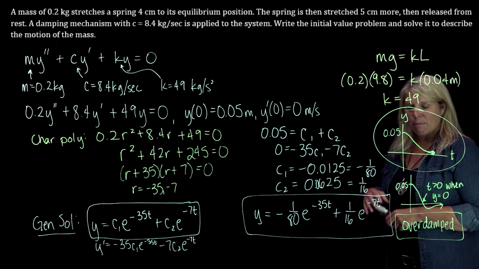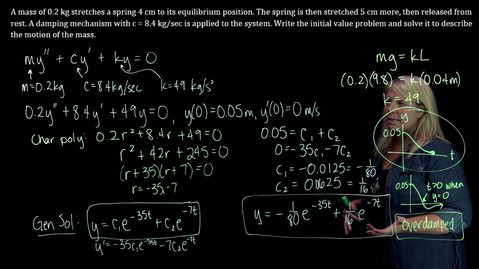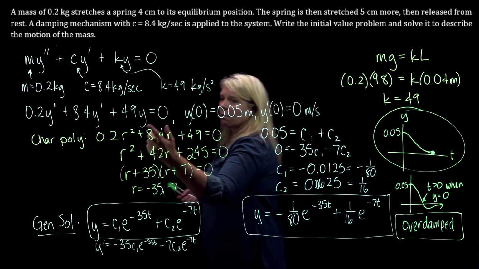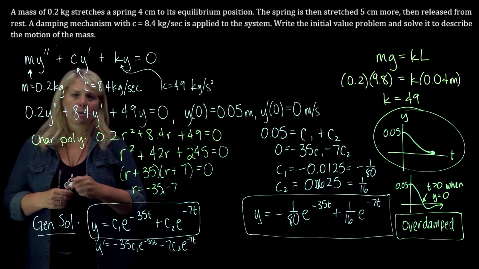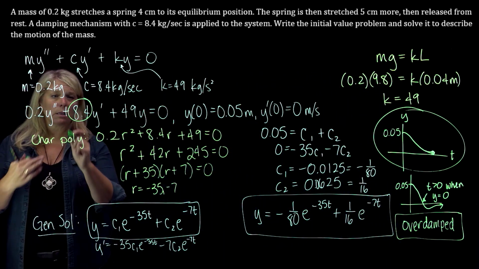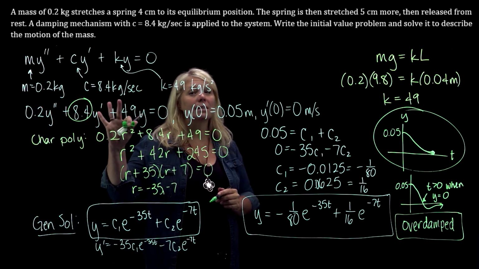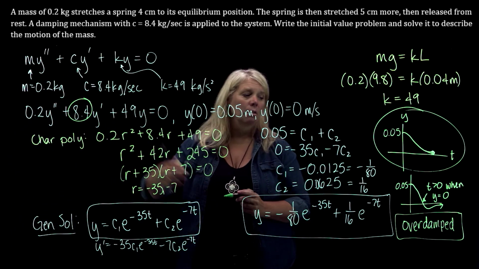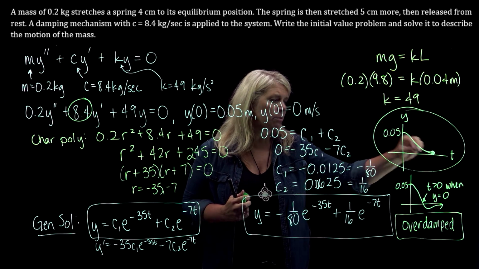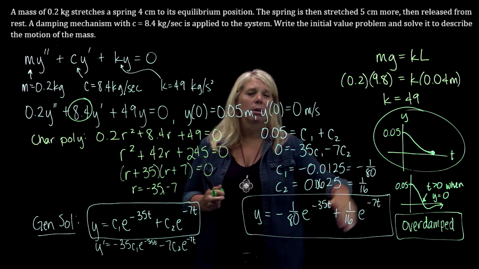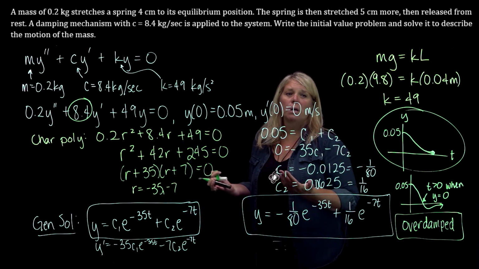But just think about the different types of motion that you get, which all has to do with this damping constant. This one was a pretty large damping constant. We had a lot of resistance in this system, which is what caused it to basically just approach equilibrium without having that repeated bouncing.